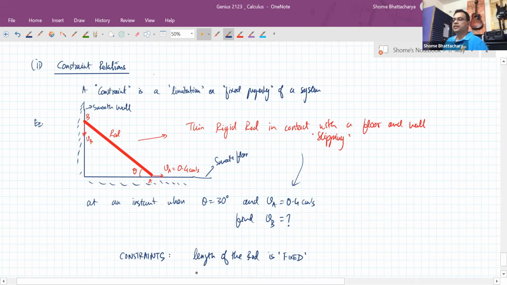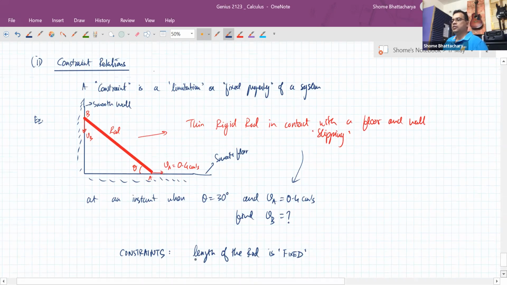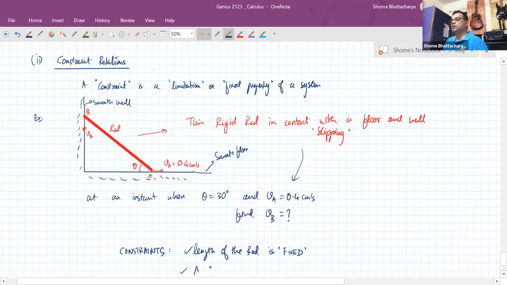The second is that the point A slips horizontally, whereas B slips vertically. So these are three constraints, or three fixed properties that the system has.